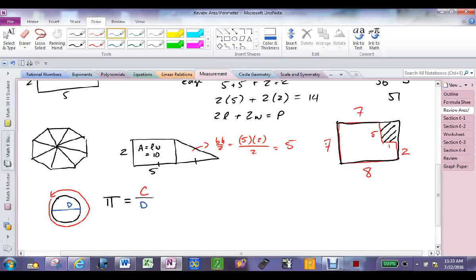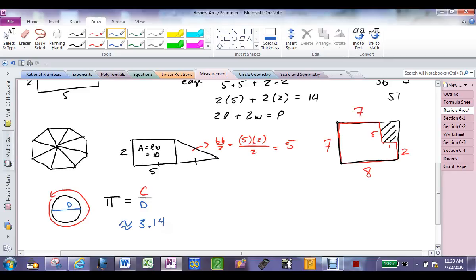We, as math teachers, have allowed you guys to use the approximation of 3.14. You will never, ever use that again. You are now in real math. We do not use pi as anything but pi, which is a decimal that never, ever, ever ends. Irrational. It is an irrational number.